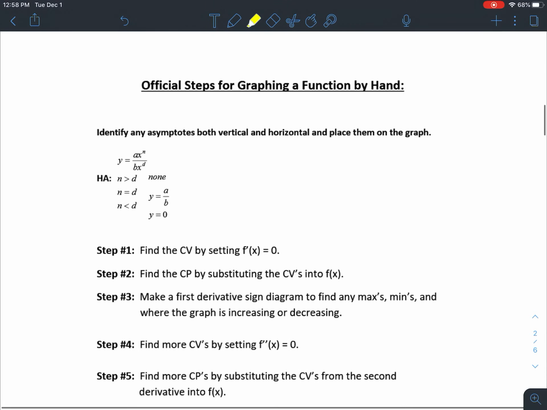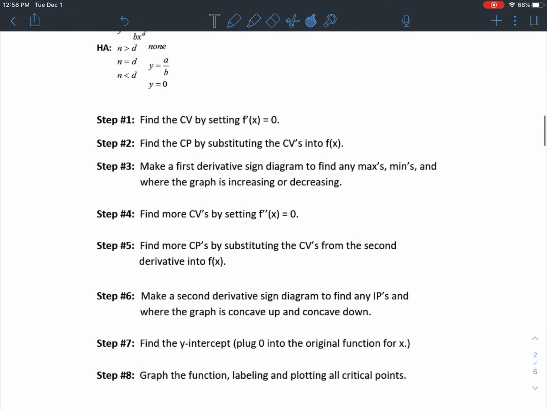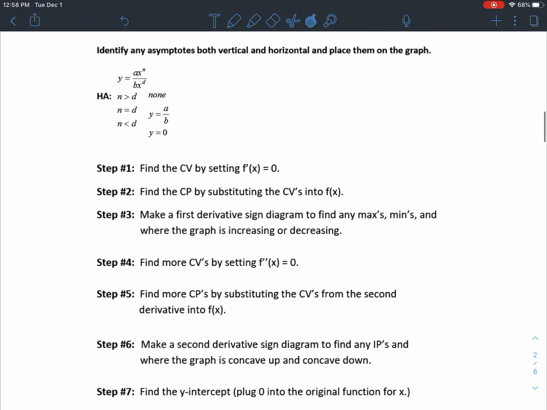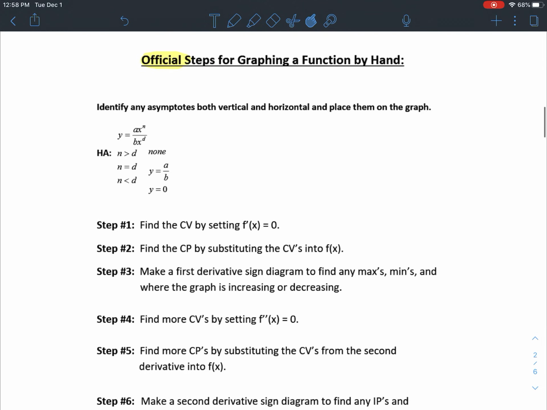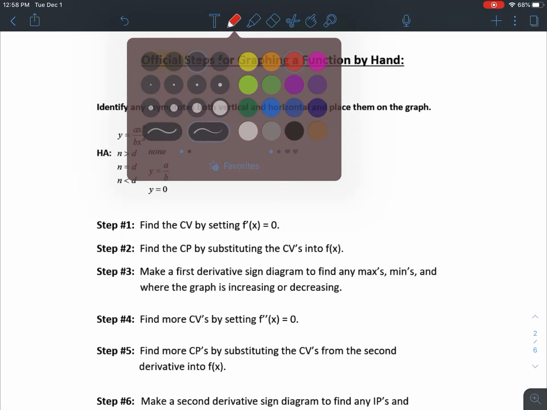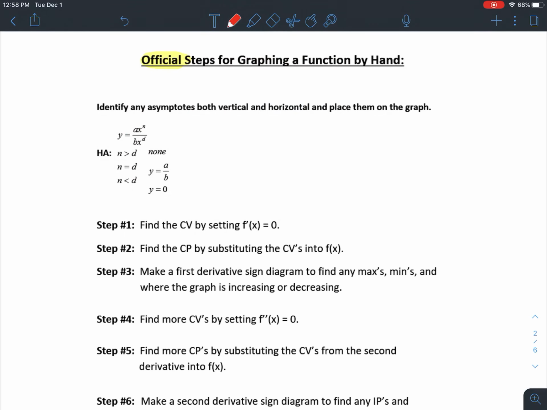Okay, so you should have been given this handout titled The Official Steps for Graphing by Hand. You'll notice there are 8 steps to this. This is going to replace the steps that I had given you before. It's going to include the second derivative and the concavity for these graphs. Now, just to simplify things a little bit, for the moment we are not going to be dealing with anything involving asymptotes, so you don't have to worry about this top part here.